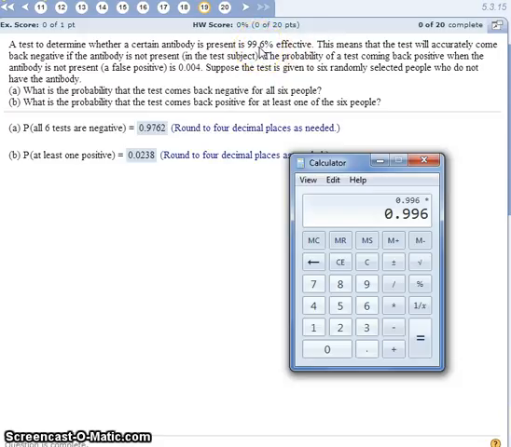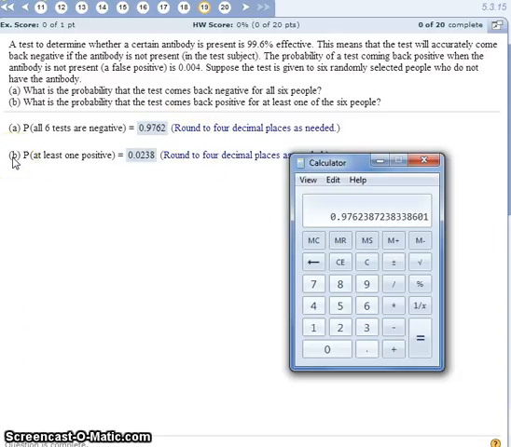And all these people are independent because they were randomly selected. So we can just multiply each individual chance of having the correct test together. So multiply 99.6 together 6 times. So I've done it twice. Type it a 3rd time in the calculator, 4th time, 5th, and the 6th time. And when you round, you'll get 0.9762.